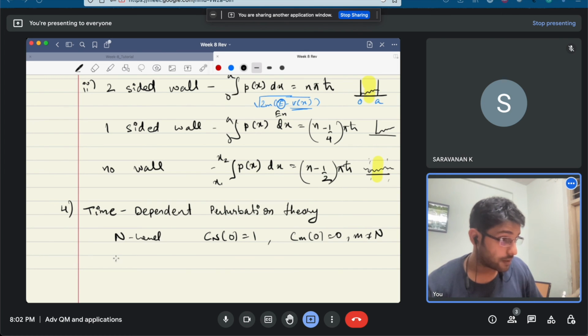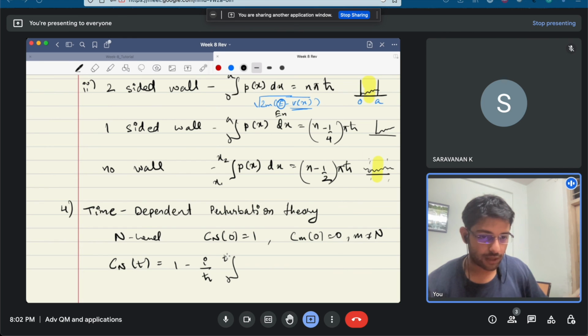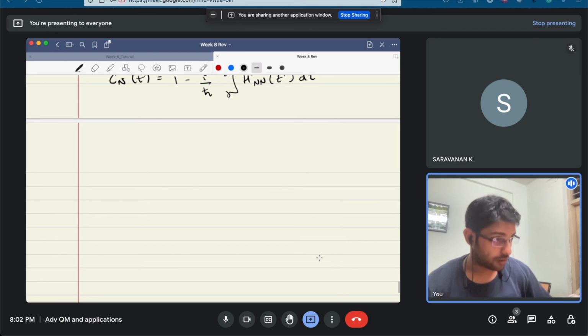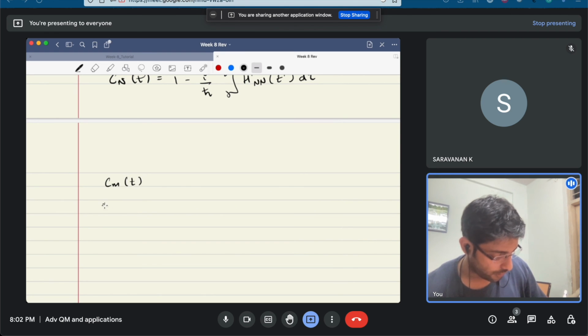Then we had Cn of t as 1 minus i over h bar integral 0 to t of H prime nn dt prime, since this is more general, so I am writing in terms of n only. And your Cm of t for m not equal to n was given as minus i over h bar integral 0 to t of H prime mn.